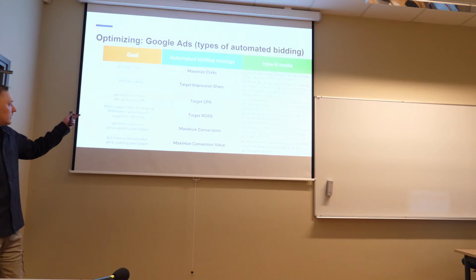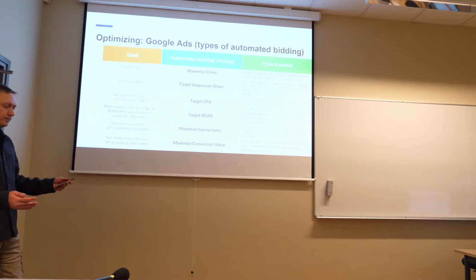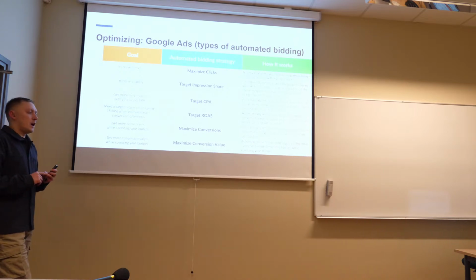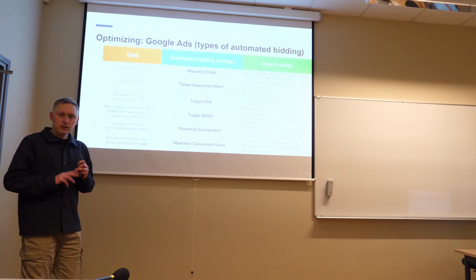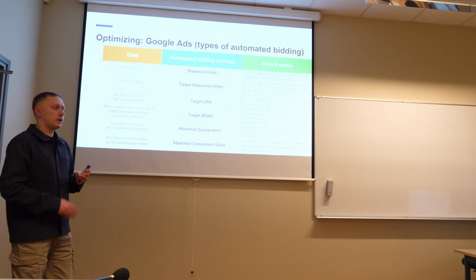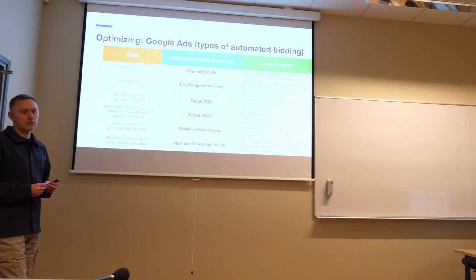And the other bidding strategy is maximize conversions, which is basically that the budget that you enter is maxed out, and the algorithms are looking for people that convert the most. But you should also keep in mind that you need 30 conversions every month for any of these automated bidding strategies, actually.